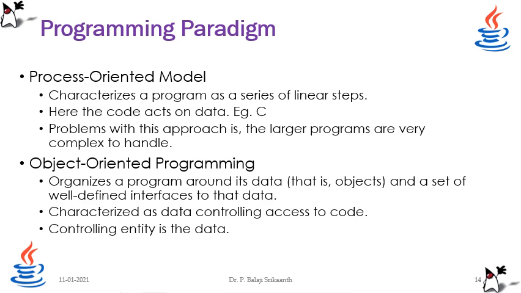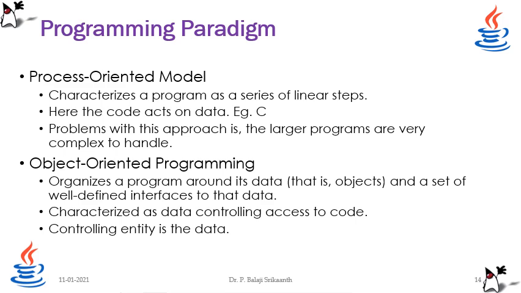It is characterized as a series of linear steps, where the code acts on the data. The problem with this approach is that the larger the programs, the more complex they are to handle as well as maintain. If the problem for which we are writing the program is very complex, again the complexity increases multifold.